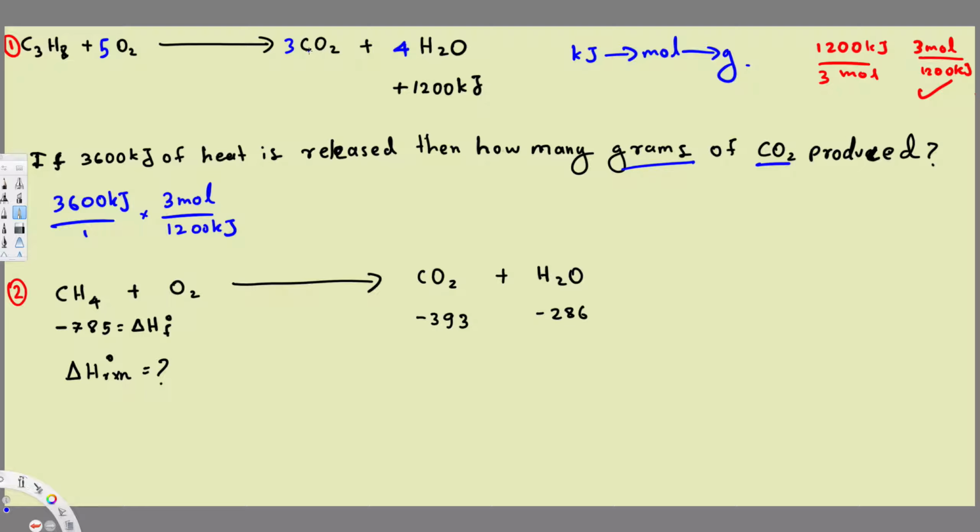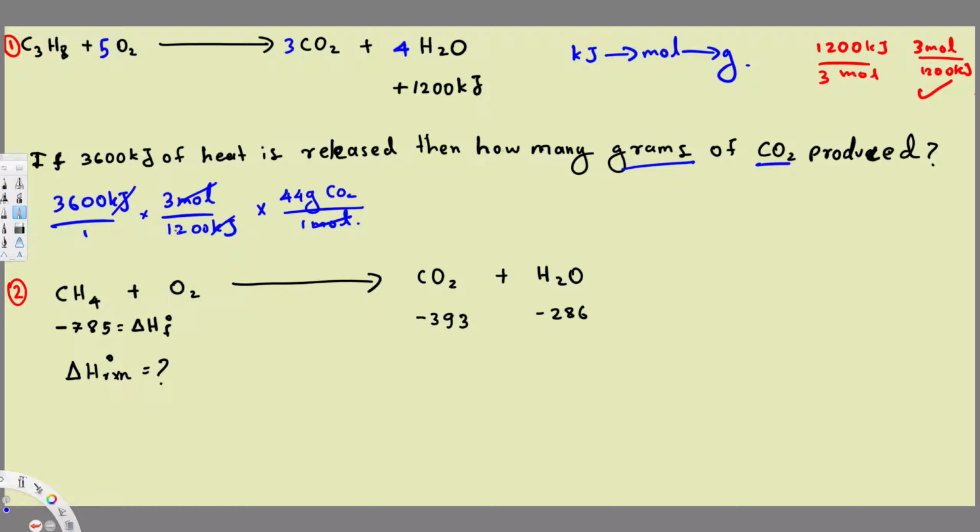For carbon dioxide, carbon has a molar mass of 12 grams per mole, and each oxygen has 16. So 16 times 2 is 32, and 32 plus 12 is 44. So we are going to have 44 grams of CO2 per each mole, right?